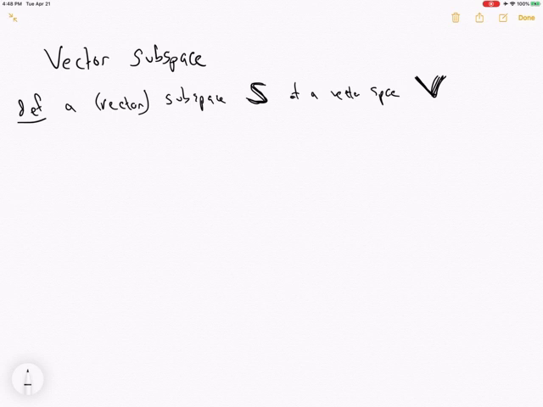A vector subspace of some vector space is a subset of the vector space V. So it's a subset. That means it's a collection of vectors, because a subset is a set of objects. So it's a set of vectors in V that itself is a vector space.